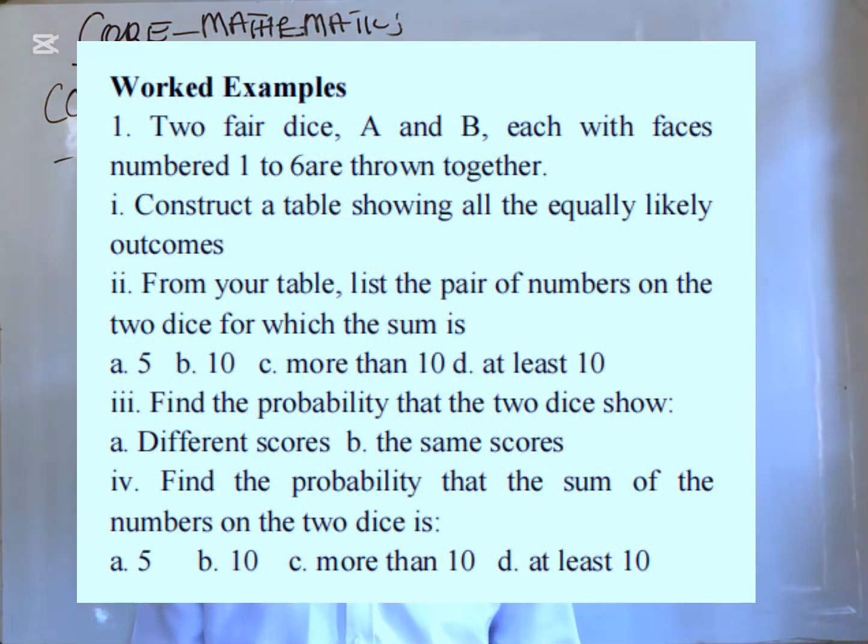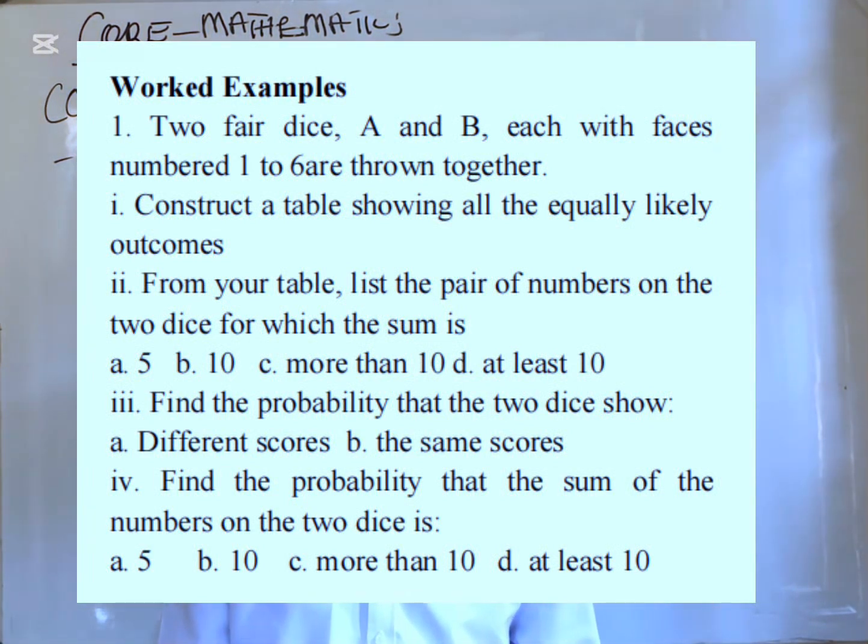From your table, list the pair of numbers on the two dice for which the sum is A, 5, B, 10, C, more than 10, D, at least 10. 3. Find the probability that the two dice show A, different scores, B, the same scores.